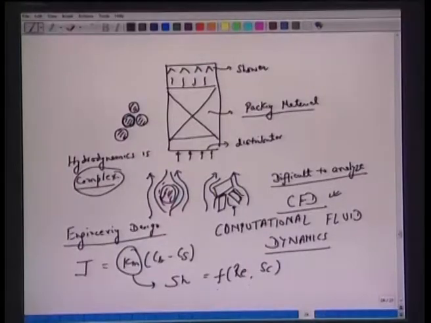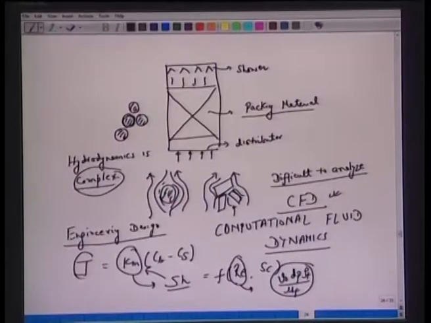So all we do as far as engineering design is concerned, we look at the Reynolds number, which is superficial velocity V0, packing characteristic length d, rho over mu of the fluid, where rho is the density of this fluid. So we calculate the Reynolds number, we calculate the Sherwood number, and then we have this mass transfer coefficient calculated to obtain our flux here.